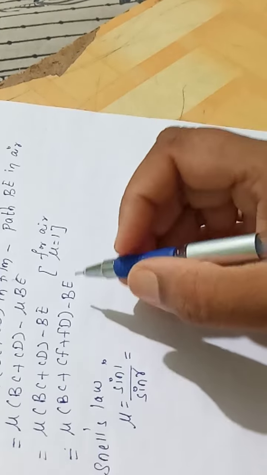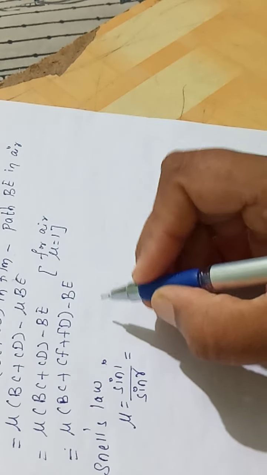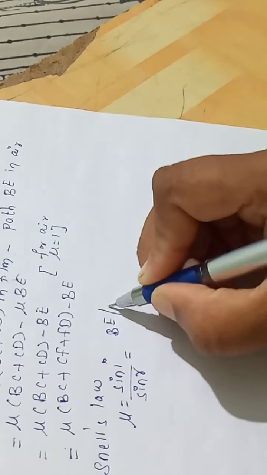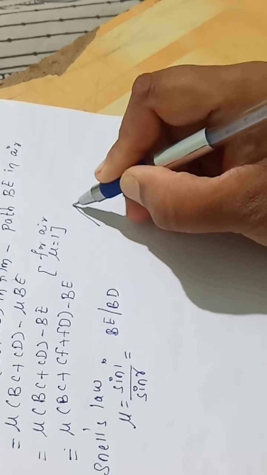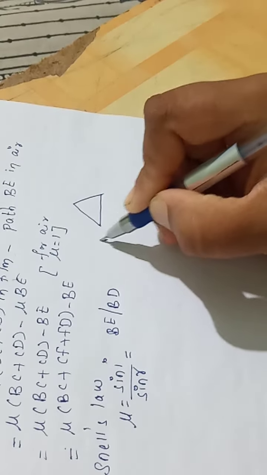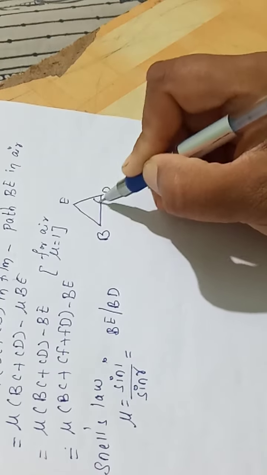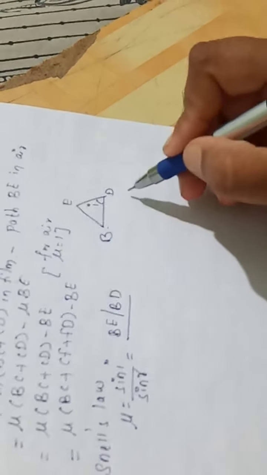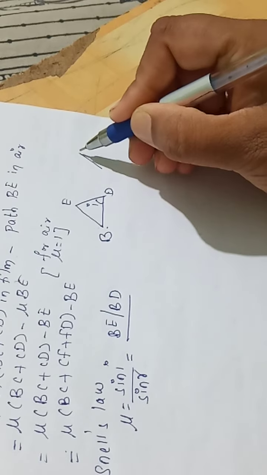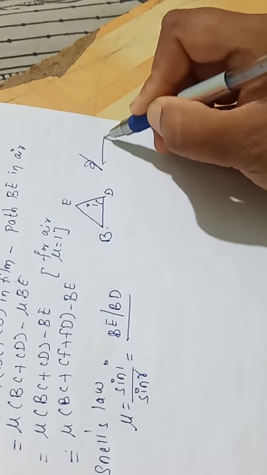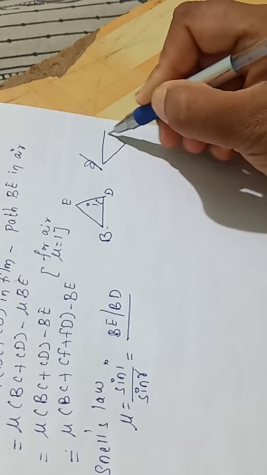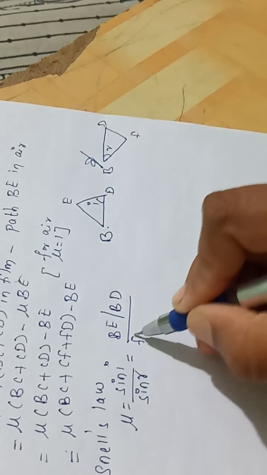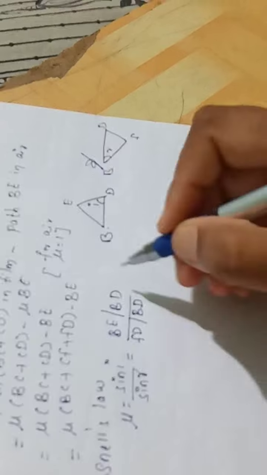So from triangle BED, sin I equals BE by BD, and sin R equals FD by BD.